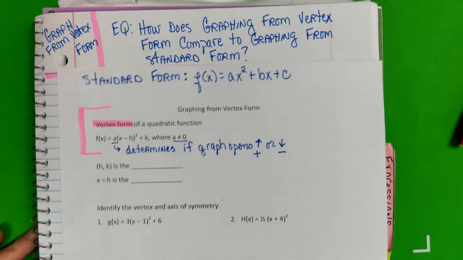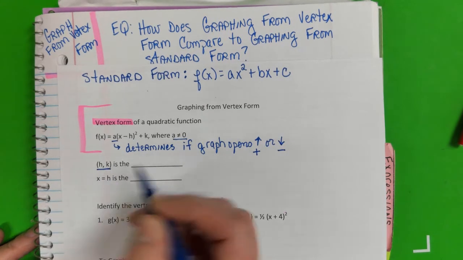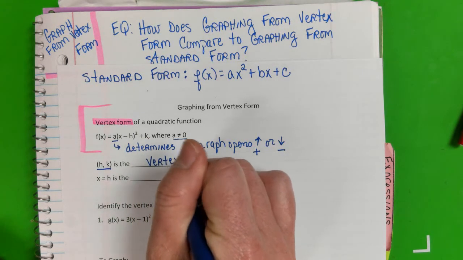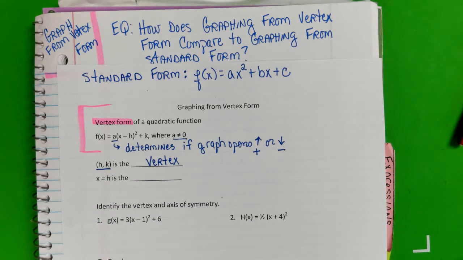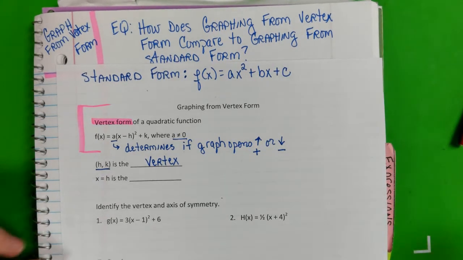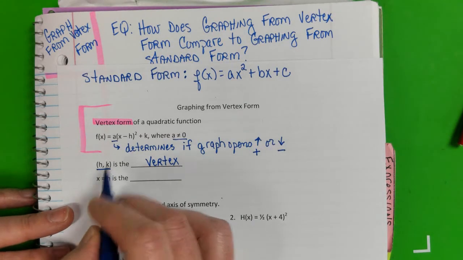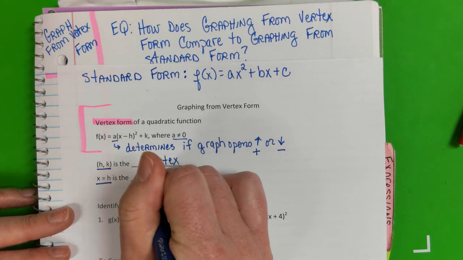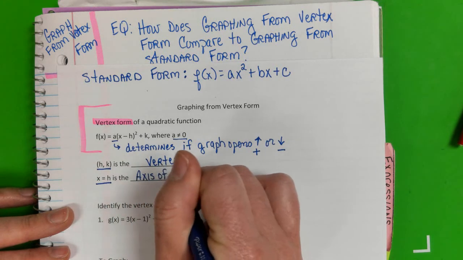Okay? The (h, k) is simply the vertex of the graph, which is what makes this form super easy, because we can just look at the equation and know what the vertex is. And because that's the vertex, x equals h is simply the axis of symmetry.